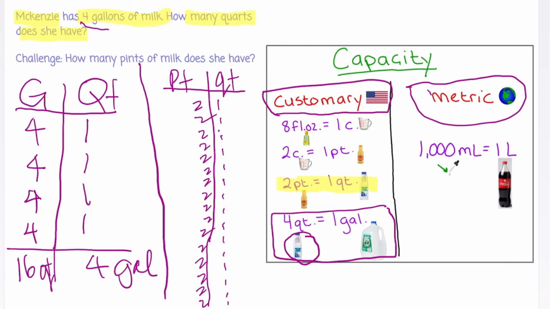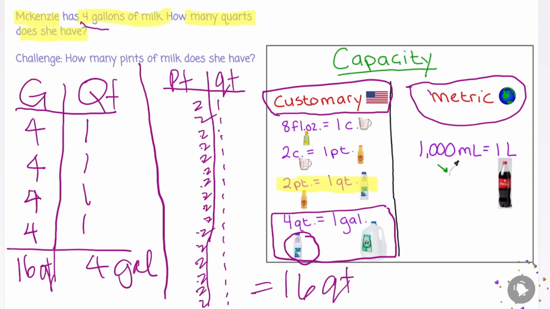So I know that I have 16 quarts, because we already focused on that. How many pints does that equal to? So let's skip count by 2. 2, 4, 6, 8, 10, 12, 14, 16, 18, 20, 22, 24, 26, 28, 30, 32, 34. I have 34.